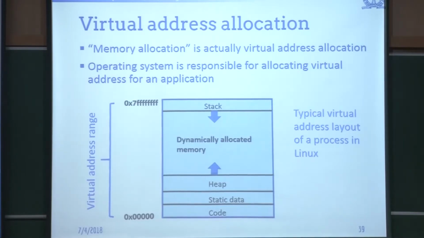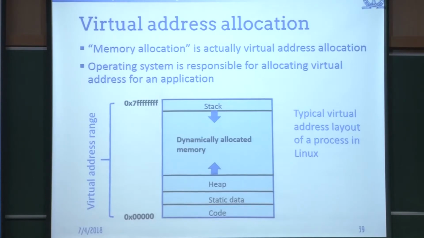Whenever a new process is created, whenever a new application starts running for the first time, when you compile a program and start running a.out, the operating system has to do something to create that process so that it can run.